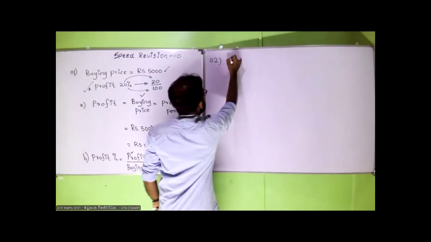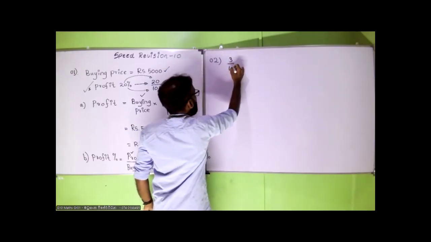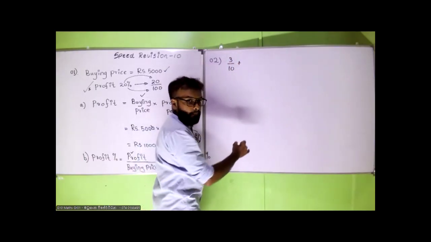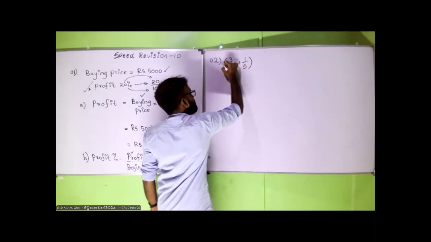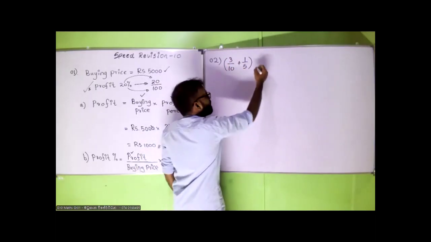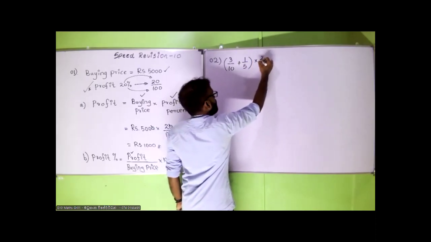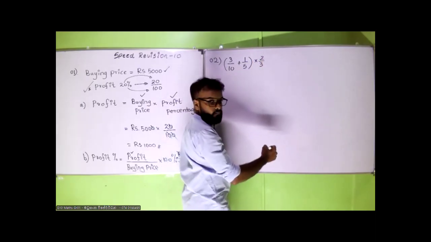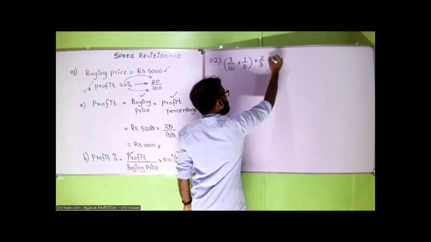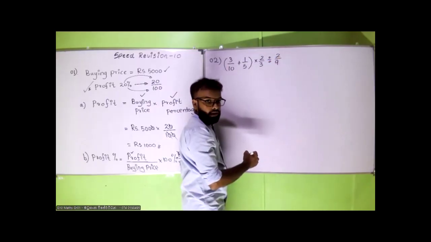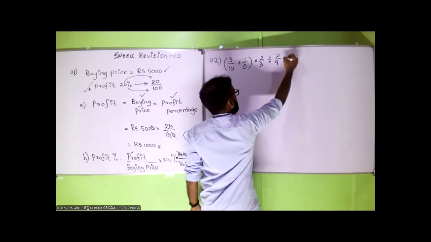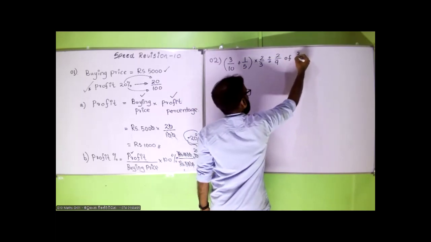3 over 10 plus 1 over 5, in brackets, multiplied by 2 over 3, divided by 2 over 9 of 3 upon 4.